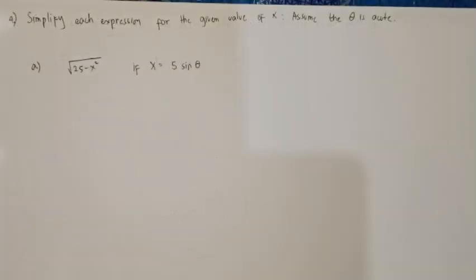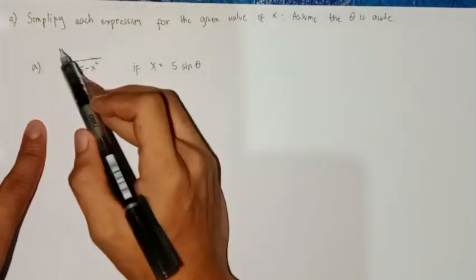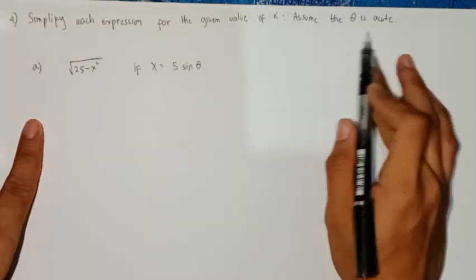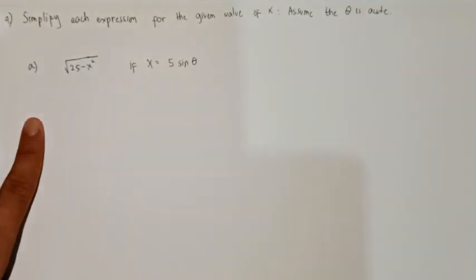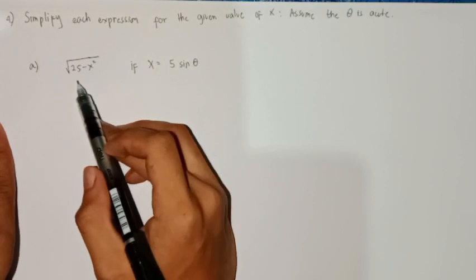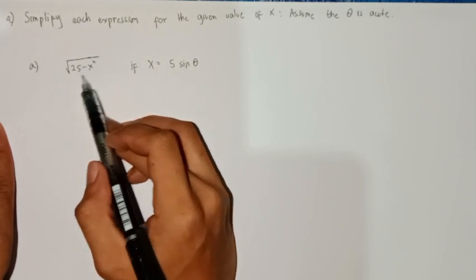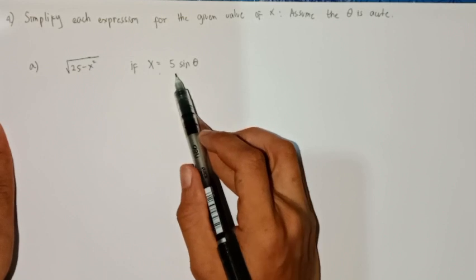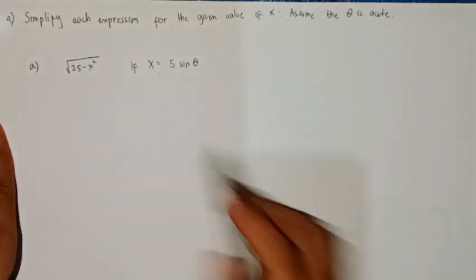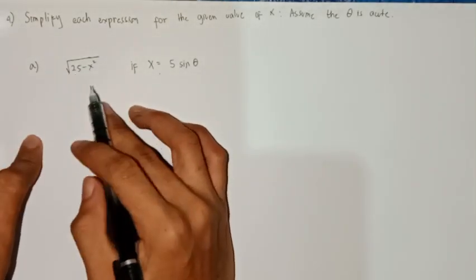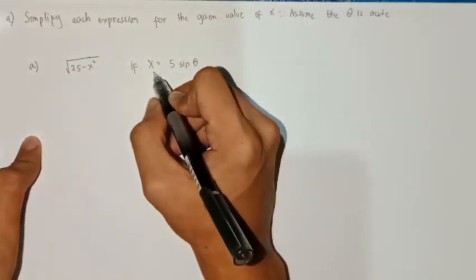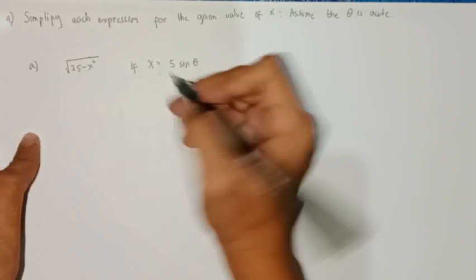Now, let's proceed to item number 4. In item number 4, simplify each expression for the given value of x. Assume that theta is acute. Now, in letter A, square root of 25 minus x squared if x is equal to 5 sine theta. To simplify this expression, the first thing that we need to do is to substitute x into our expression.